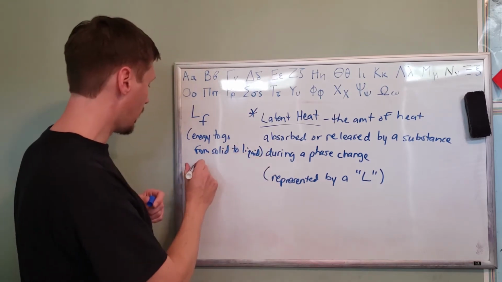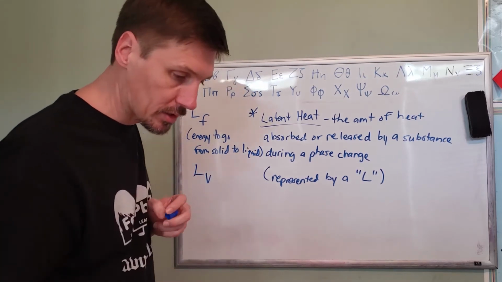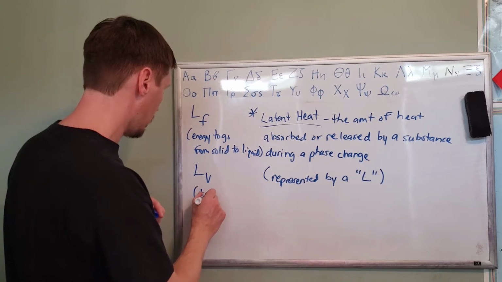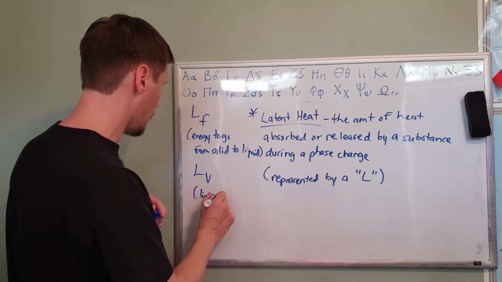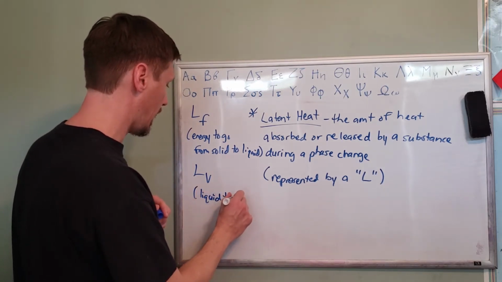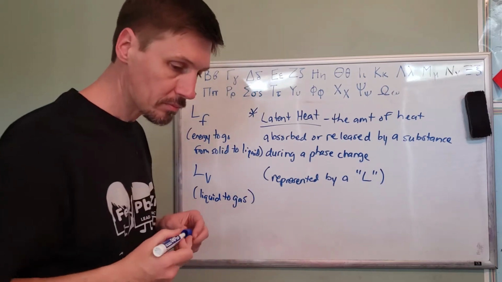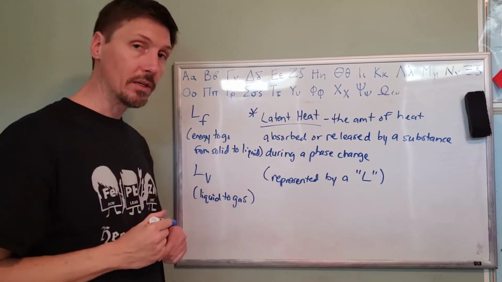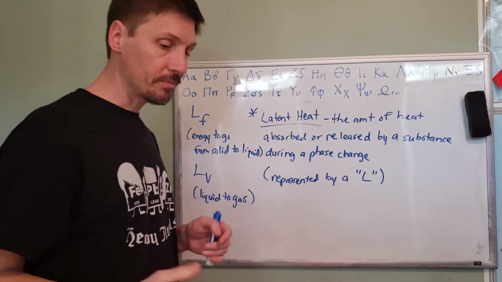The other one is LV, the latent heat of vaporization, which is the energy required to go from a liquid to a gas. Make sure you recognize what LF and LV represent if you see those in a problem.